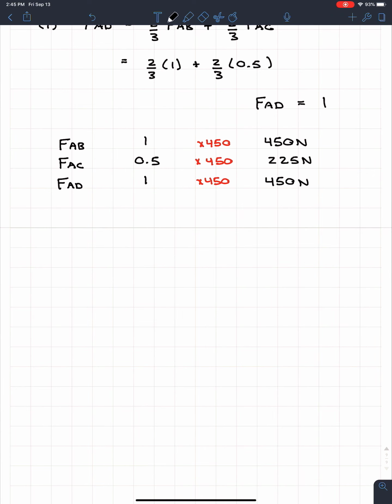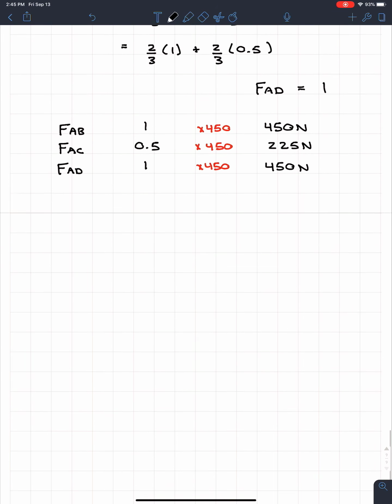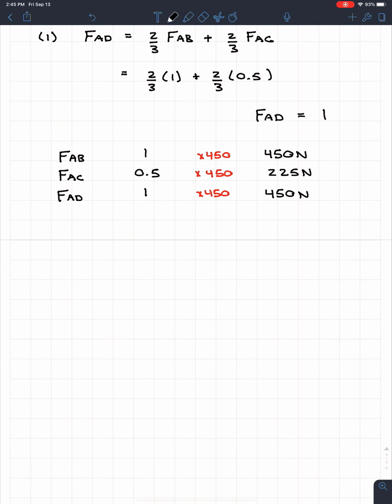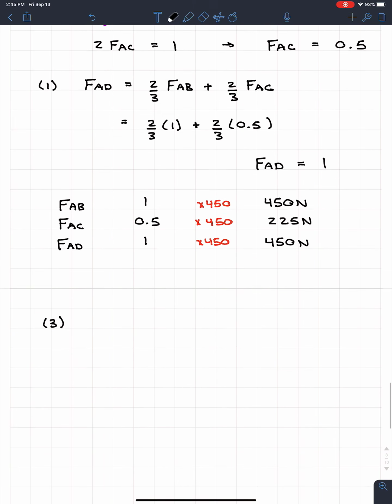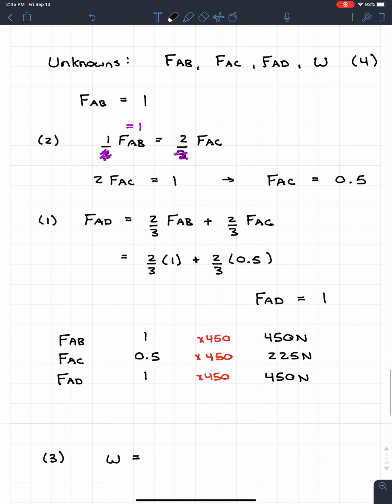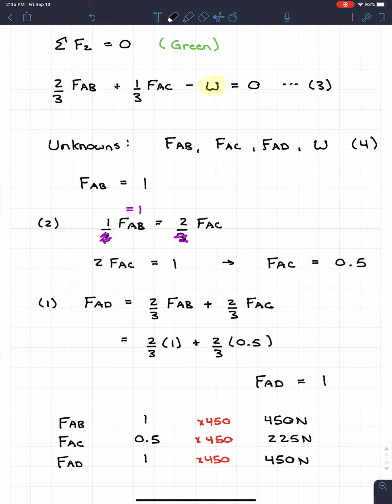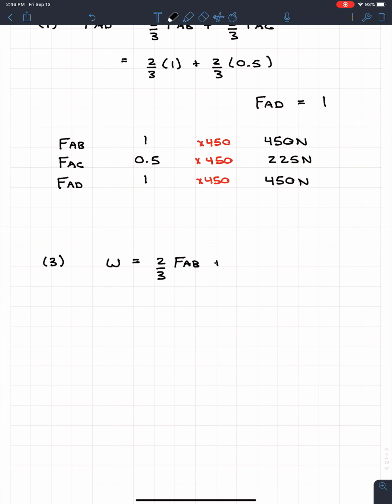So we're good to go. So now, knowing these forces, we can go to that equation 3. So I'm going to go equation 3 here, which states that the weight is negative. So I'm going to move the weight to the other side, is equal to 2/3 FAB plus 1/3 FAC.